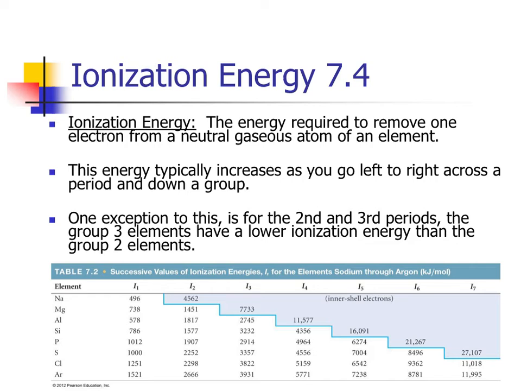If I were able to get $1 away, getting that second dollar is going to be even harder. So as you lose electrons, it becomes more and more difficult to lose more electrons, meaning it takes more energy to do that.